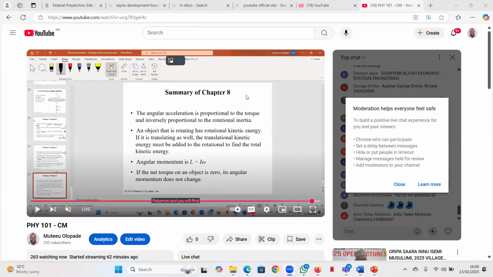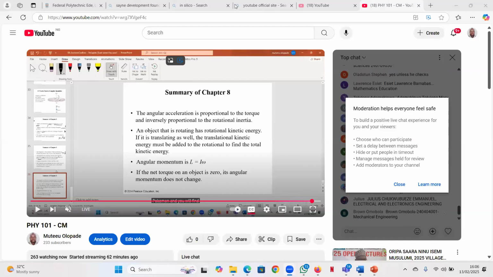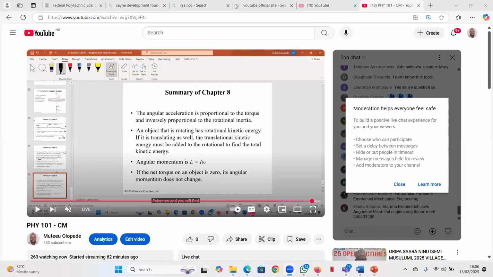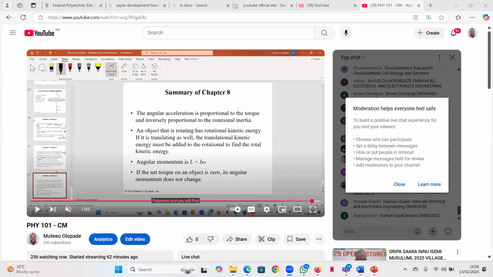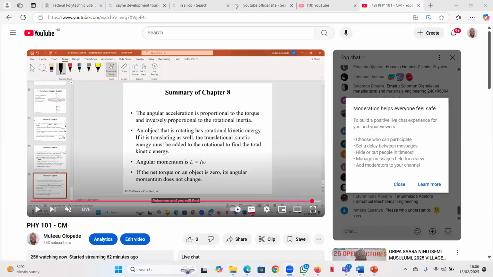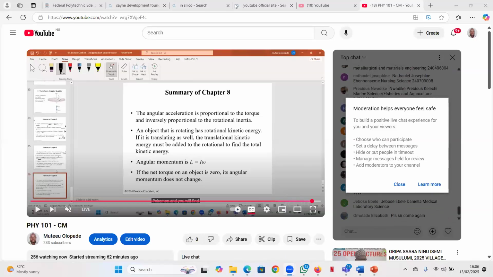But torque also handles rotational motion, so it makes it clearer when you talk about torque. For those in engineering, you will find out that most often they make use of torque. So it's more conventional than talking about moment of a force.